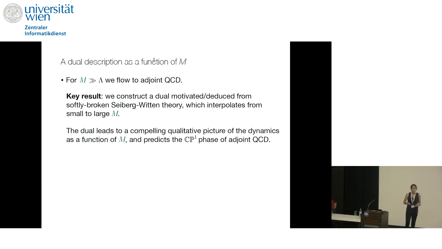Now, of course, we would like to extrapolate to the large M regime, the large supersymmetry breaking regime where we make contact with adjoint QCD, but this is the regime where this soft supersymmetry breaking analysis is no longer reliable.